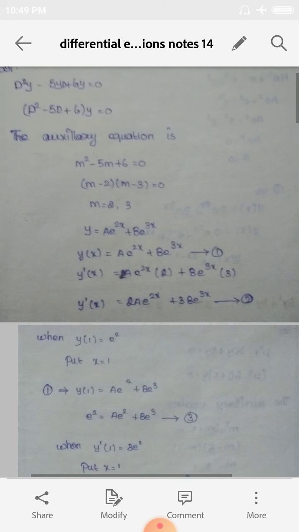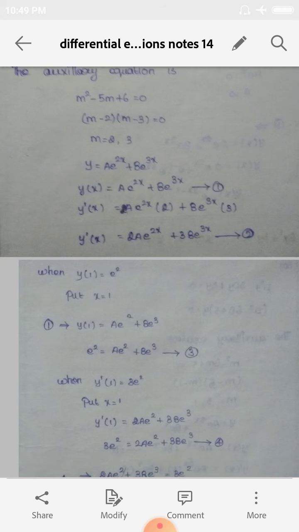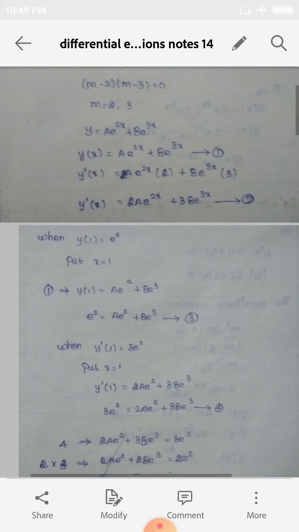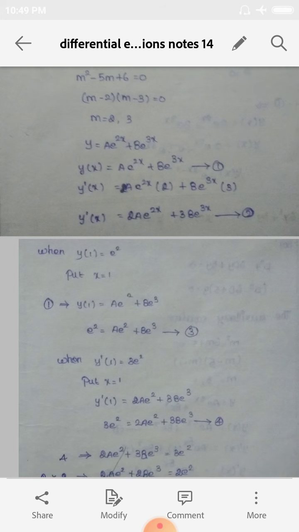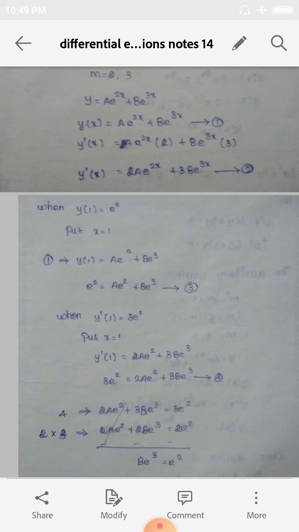So the complementary function y is equal to a into e power 2x plus b into e power 3x. This is nothing but y of x. Therefore y of x is equal to a into e power 2x plus b into e power 3x. Mark it as equation number 1. Next, we have to differentiate y of x.